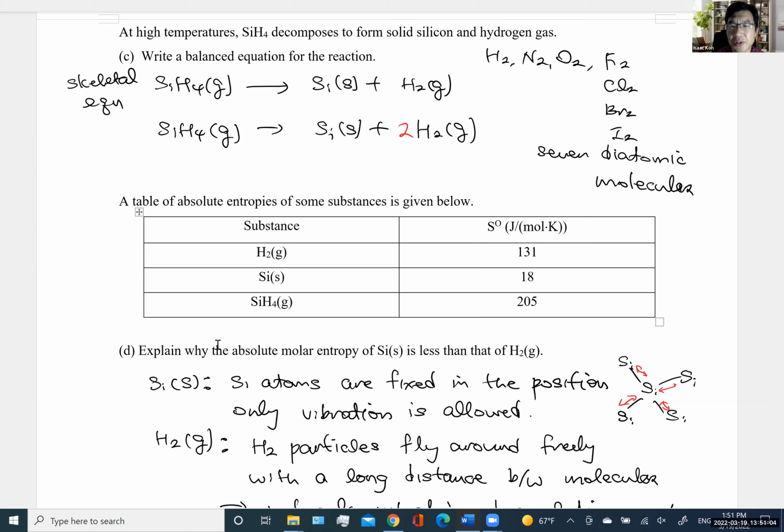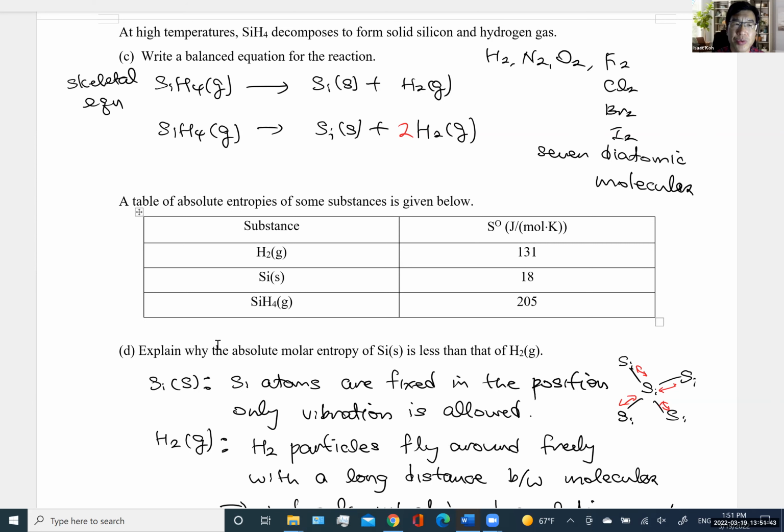Hydrogen, nitrogen, oxygen, fluorine, chlorine, bromine, iodine, the halogens, are all diatomic molecules in standard conditions, meaning 1 atm and 25 degrees C. So when it says hydrogen gas, we need to remind ourselves that the formula is H2, not just H. When I teach chemistry, sometimes students make the mistake of saying hydrogen gas is monatomic. No, it's not monatomic. Monatomic hydrogen is very reactive, and stable hydrogen gas is a diatomic molecule.